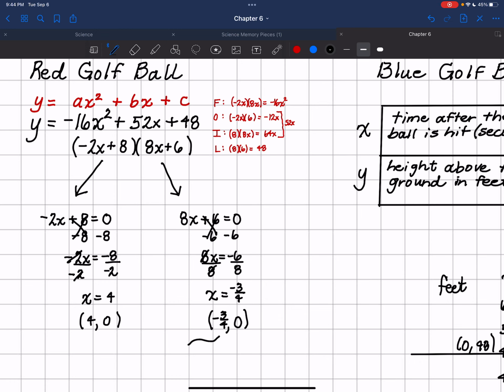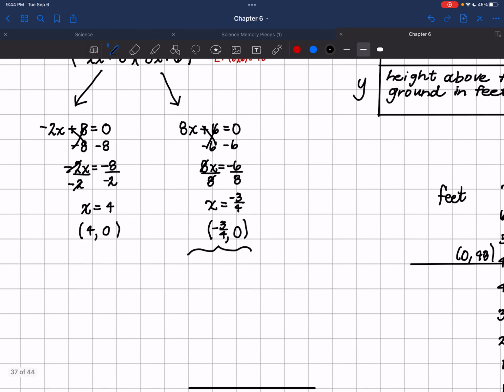This point does not make sense to my scenario, because I'm looking at where the ball hits the ground. And time, in this case, cannot be negative. You can't have seconds below 0 in this case. So that's not the point I want. This is the one I want.